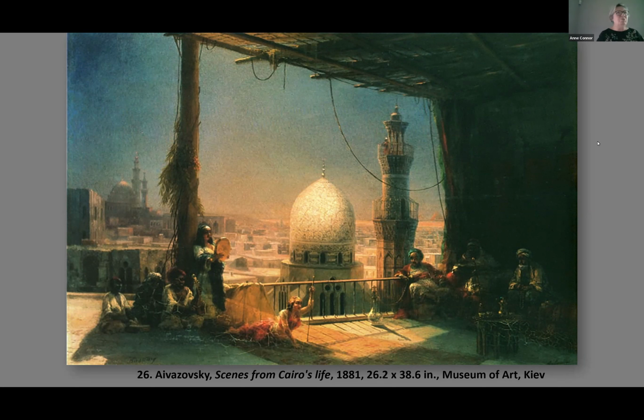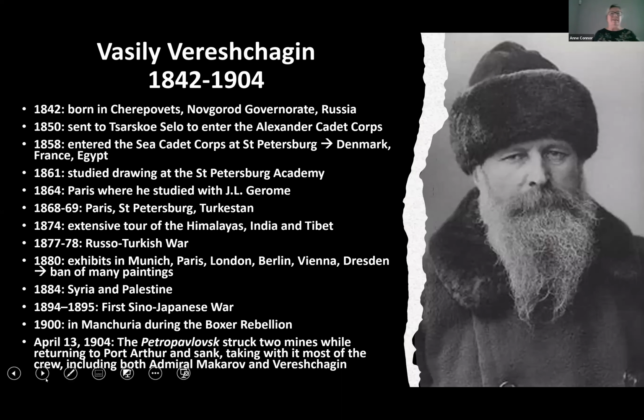So we're moving on now to another Easterner. Vasily Vereshchagin, as you can see by the very dense biography, was born in the Novgorod region in Russia in 1842 and died in 1904. He was sent to Tsarskoye Selo to enter the Alexander Cadet Corps in 1850.